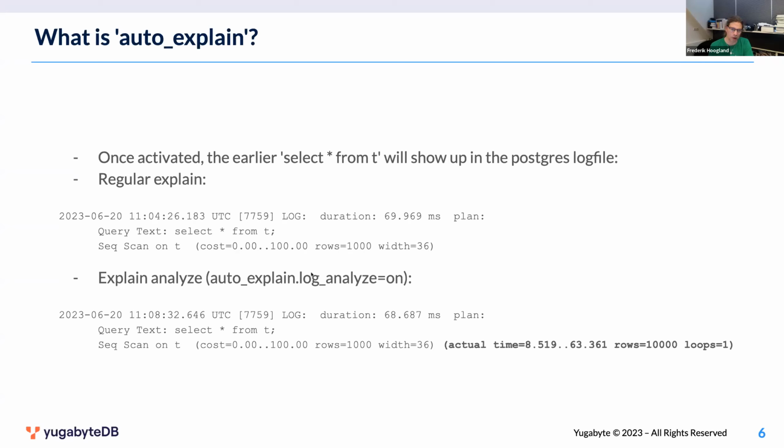If you turn log analyze on, which enables explain analyze, it will tell you nearly the same, and it will add the actual timing, like we saw earlier. So this is how it works, and this is what you get. This is, of course, a really simple statement, but I think most people will understand what it means. This is how it's shown.